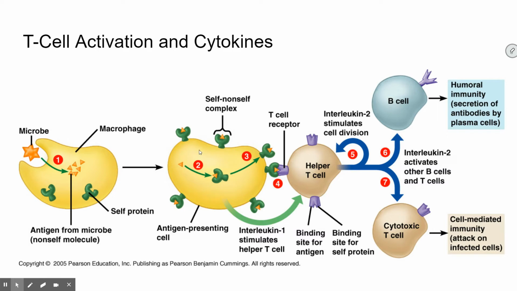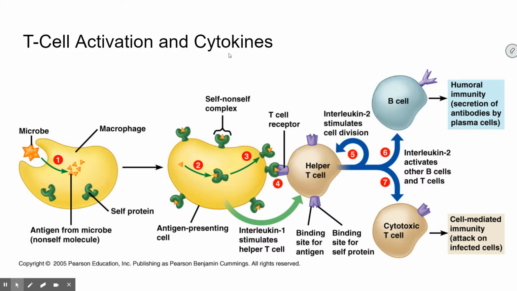And that is going to activate that helper T cell, this helper T cell right here, as you can see. And when it's activated, well, first of all, this macrophage is going to release a chemical called a cytokine. Cyto means cell, kine means like turn something on. And so cytokine turns cells on.